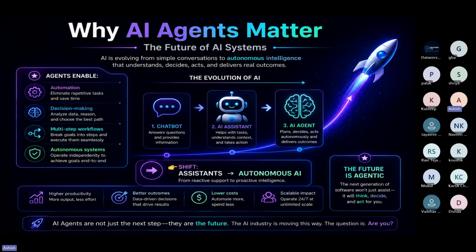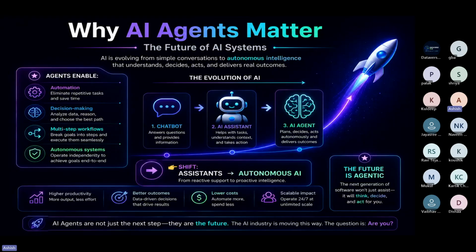And now the question is, why do AI agents matter? Because whenever AI agents come into play, they come with automation. They have the capability of making decisions in a better way. They can consider multiple dimensions in order to take decisions, they can work on multi-step workflows, and they are highly independent.